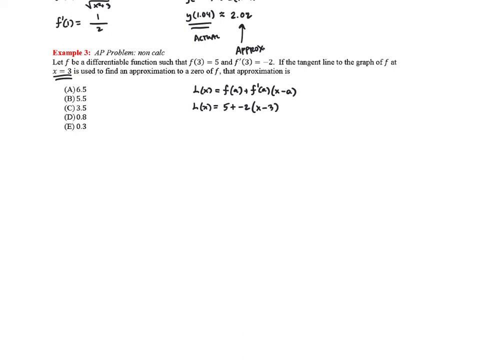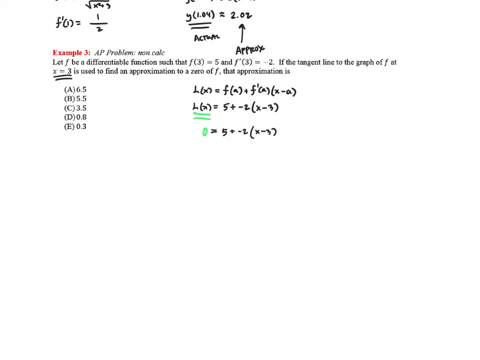Okay, so now what it's asking me is not for an approximation of an output, it's asking me for an approximation for an input such that we get a 0. So I want this to equal 0. Right, the 0 of f. Let's approximate the 0 of f.